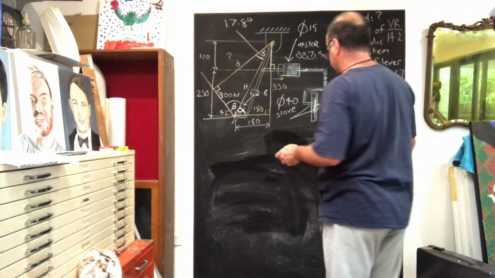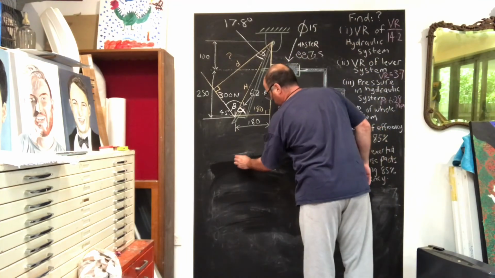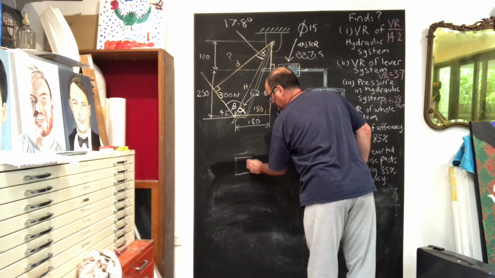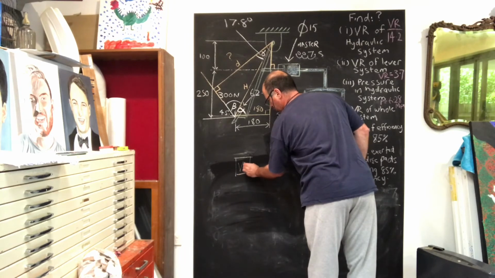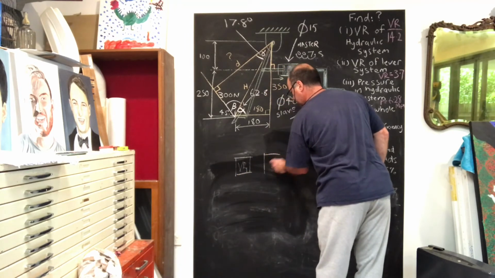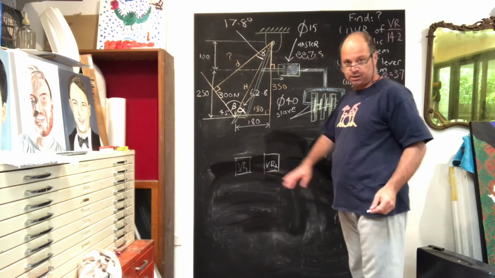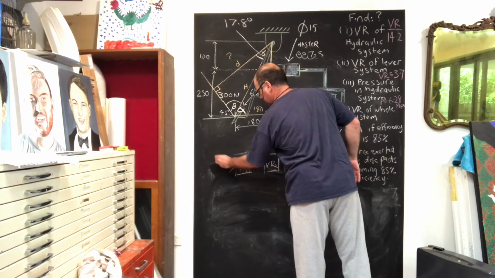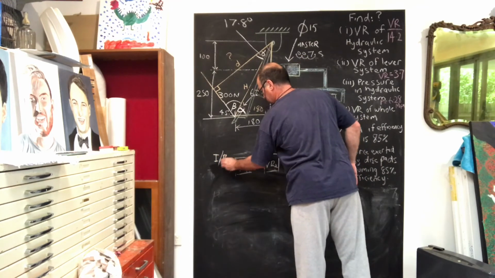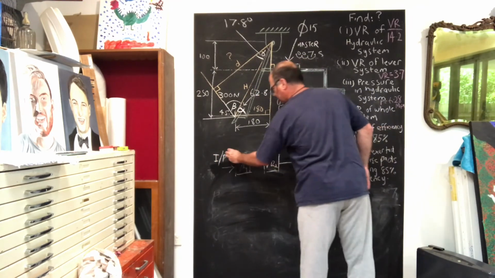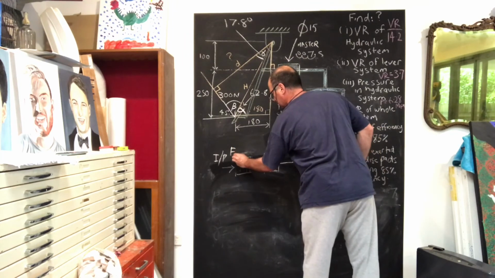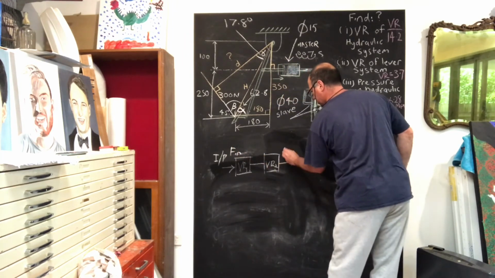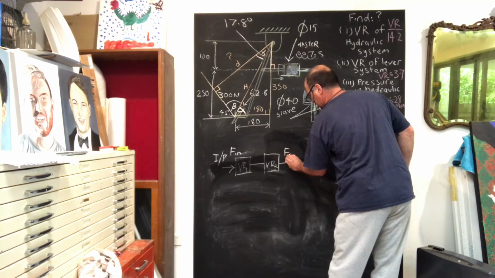The way to think about it is that each one of these is like a chain. So that's velocity ratio 1, that's velocity ratio 2, and they're linked together. So we've got an input here of force and an output, let's say force here. Force in, and we've got force out.